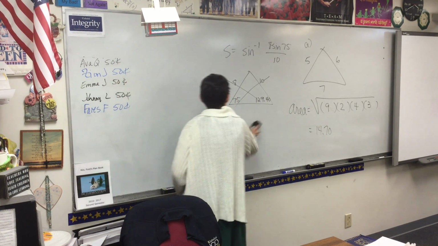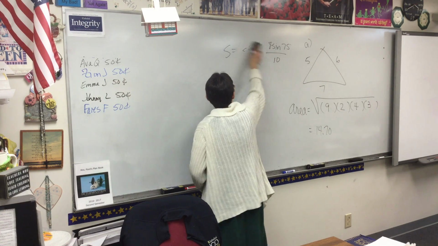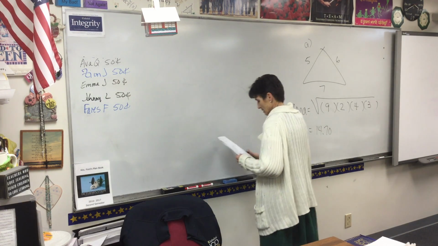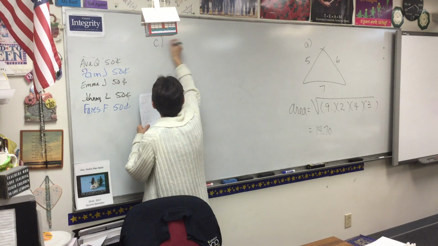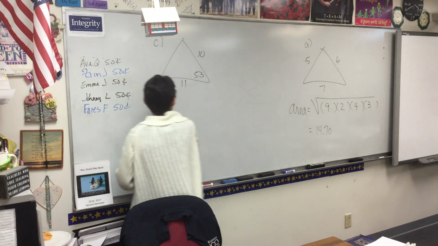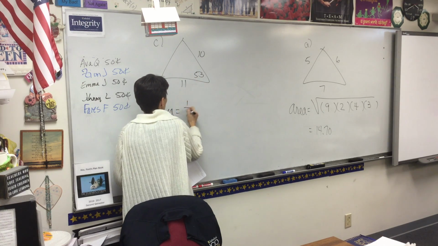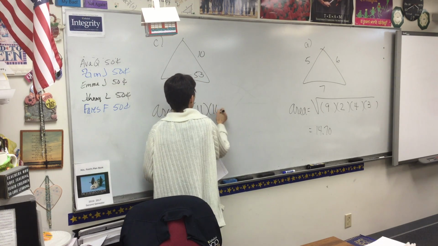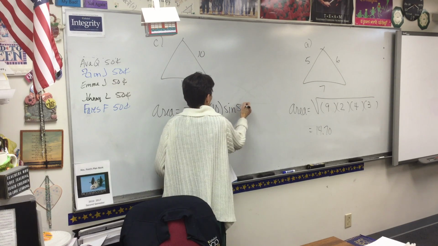What strategy are we going to use to find the area of triangle C? We're going to say 1/2 side, side, sine. So 1/2 times 11 times 10 times sine 53.